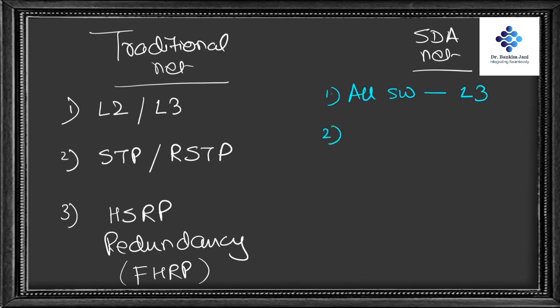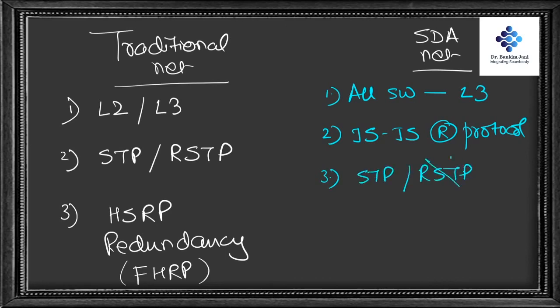Over here, the first and most important thing is that all switches are like L3, and the protocol which we'll be using is ISIS, a very powerful protocol, but this is very light, runs very fast. So this is the routing protocol, and because everything is L3, there is no question of STP or RSTP, nothing like that.